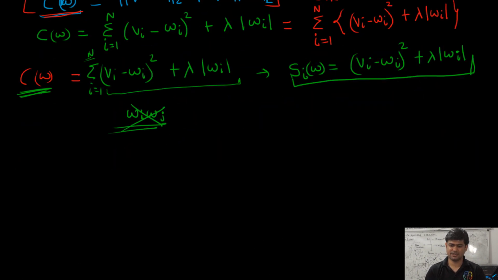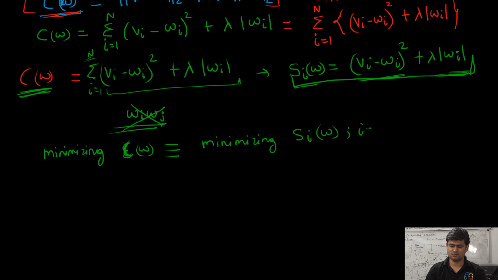Each of these functions Si is convex, because this function is convex, as well as this function. So minimizing C of W is the same as minimizing the individual loss functions Si of W for i equal to 1 to n. Now we will see how we can minimize this loss function Si, which takes a scalar input.